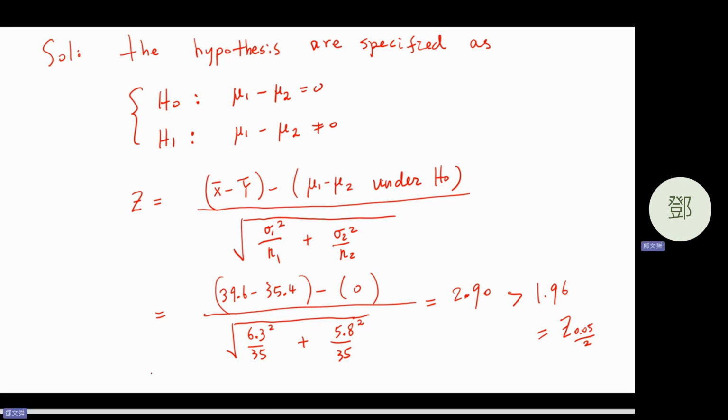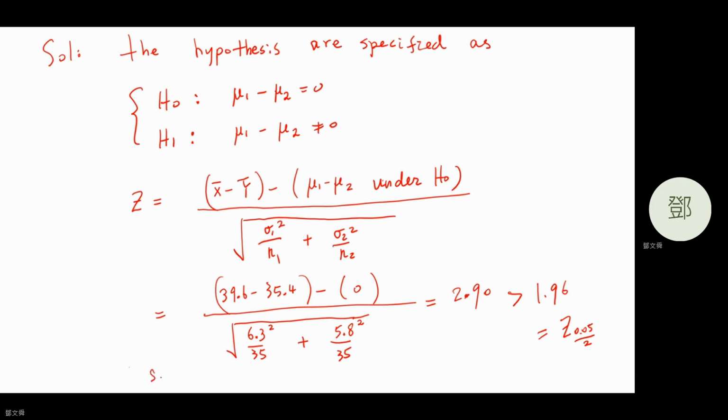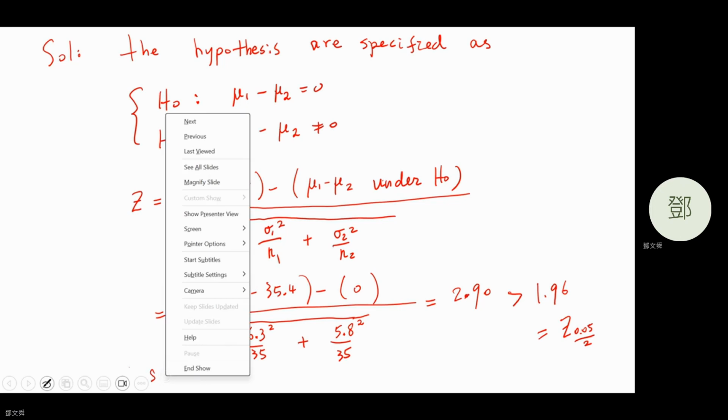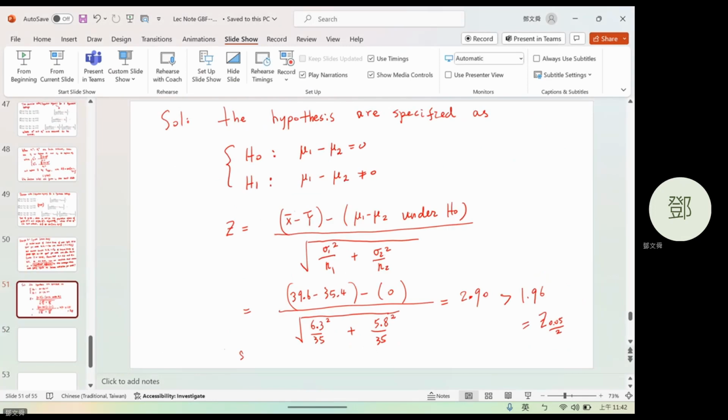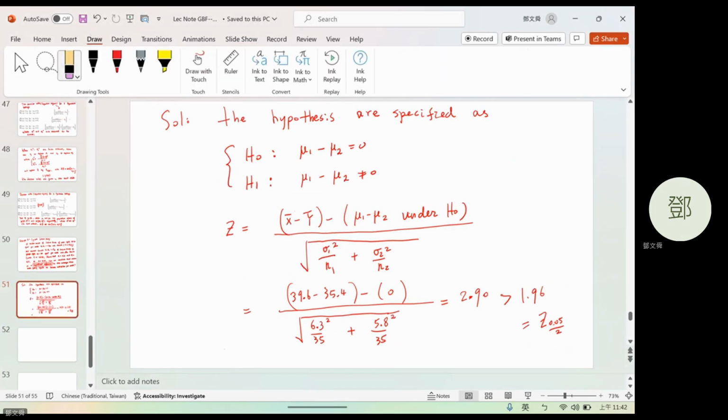So we reject the null hypothesis in favor of the alternative hypothesis at alpha equals 0.05, right?